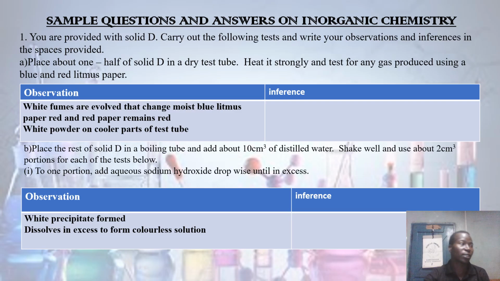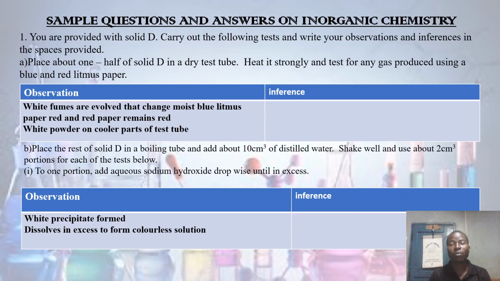So that has brought us to the end of the qualitative analysis for organic chemistry. The remaining bit is just sample papers, sample questions with either the observation or the inference. I just want you to look at the observations that I have provided and try to see, if I make this observation, which inference am I expecting?